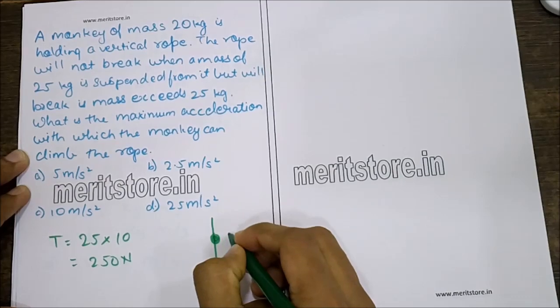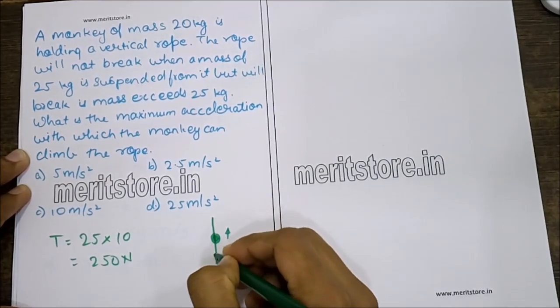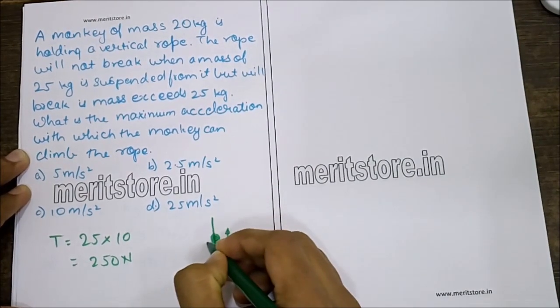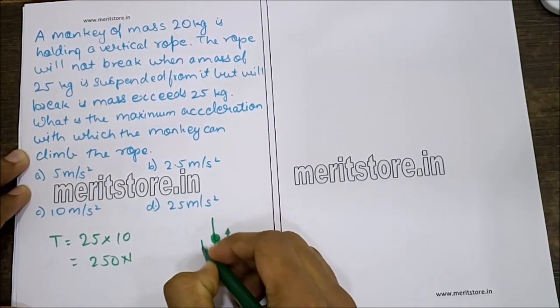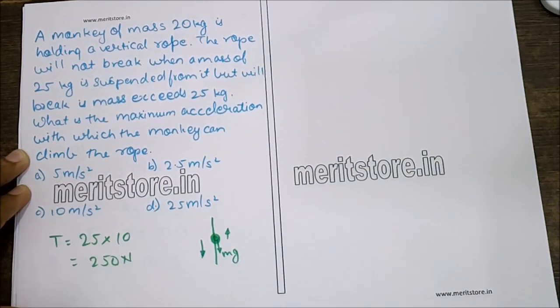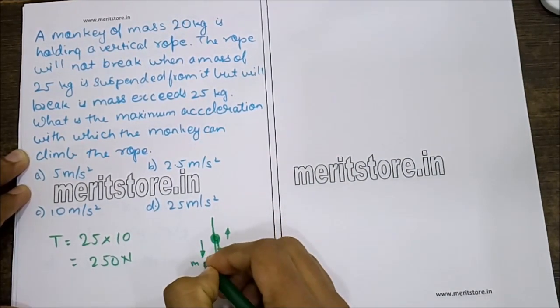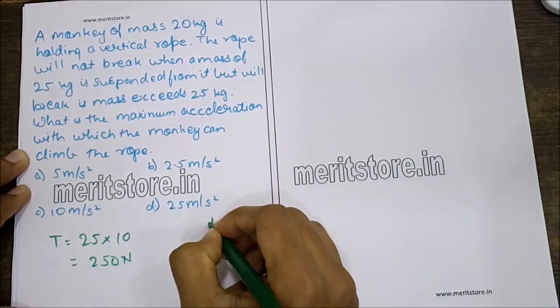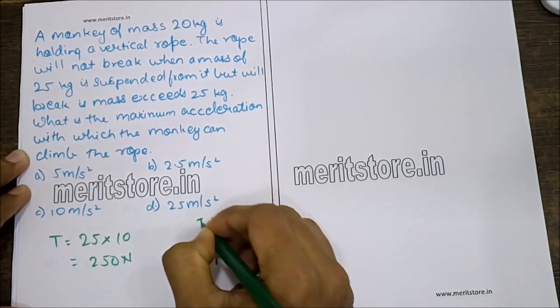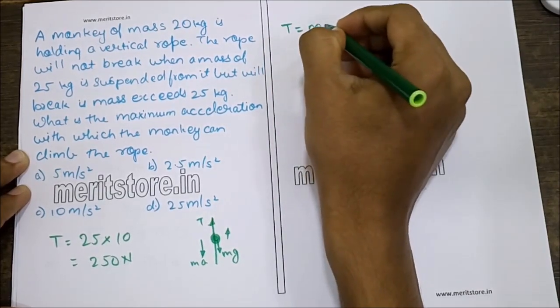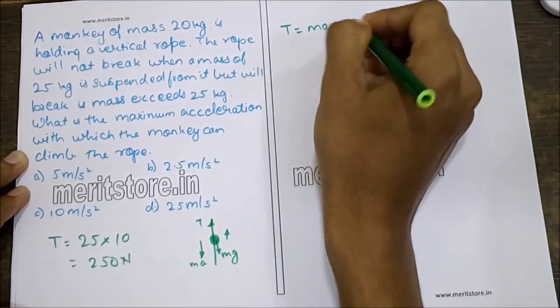Now when the monkey climbs in the upward direction, the forces acting are the weight of the monkey, that is mg. Since it is climbing upward, the inertial force would be in the downward direction, that is m times a, and the tension in the rope would be in the upward direction, T. So the tension balances the forces ma and mg.